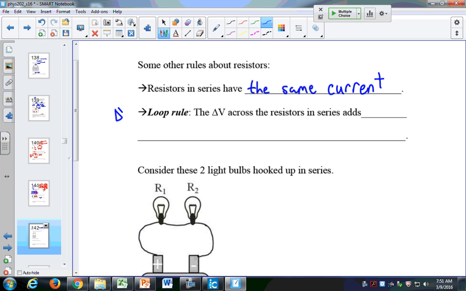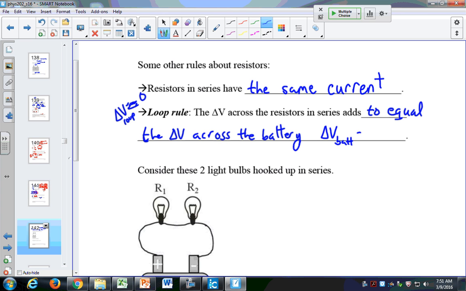Remember, the loop rule just says delta V across any loop equals 0. It says that the change in potential across the resistors in series adds to equal the change in potential across the battery. That is to say, delta V across the battery is equal to IR1 plus IR2 plus however many resistors I have.